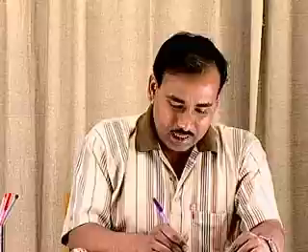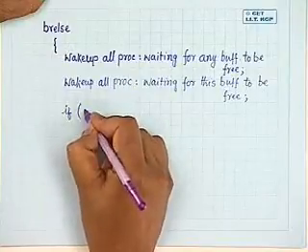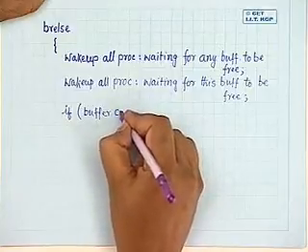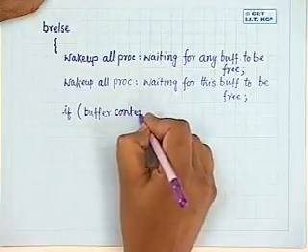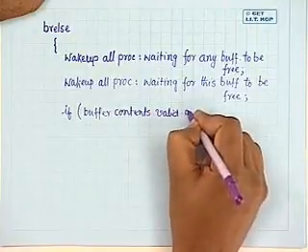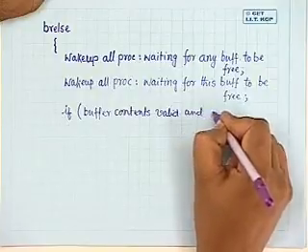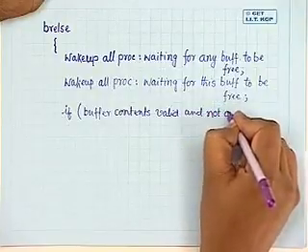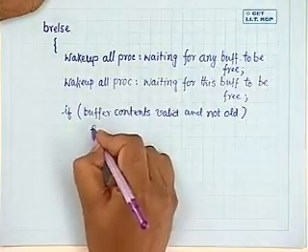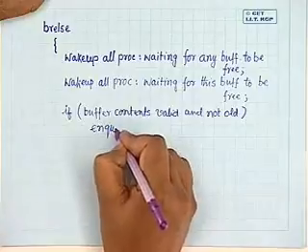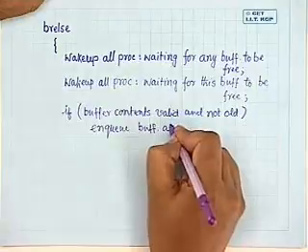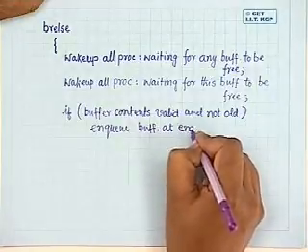So we can check the condition: if buffer contains valid and not old data, then enqueue buffer at end of free list.